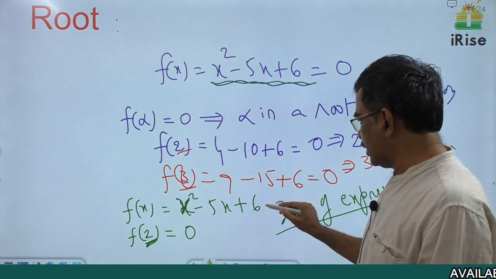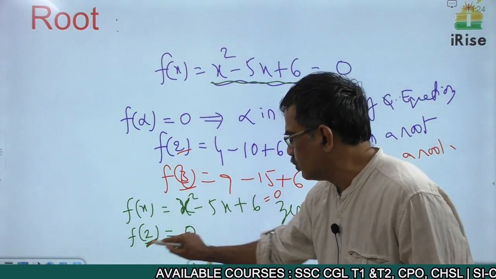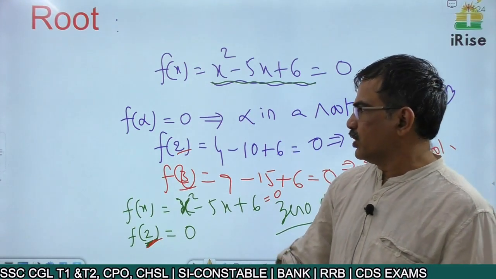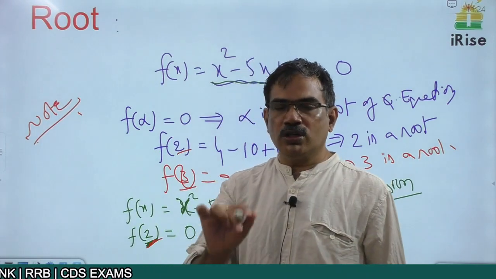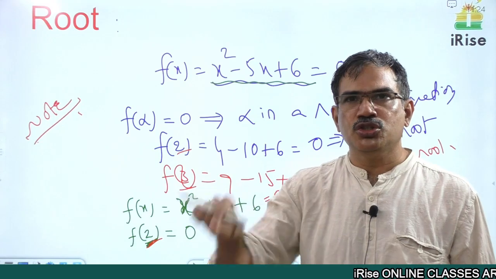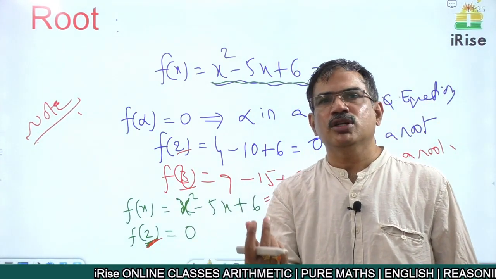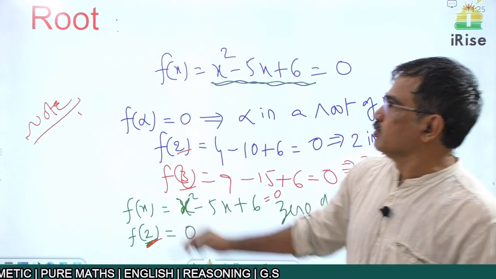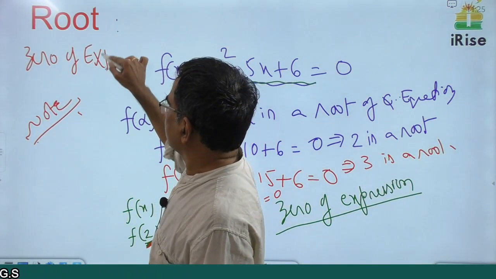If it is a quadratic equation, if you put it equal to 0, then the same 2 is called a root of the equation. Very important point, note: the root of the quadratic equation is the same as the zero of the quadratic expression. Zero of a polynomial is nothing but root of the polynomial equation. So know the difference between root and zero of expression.